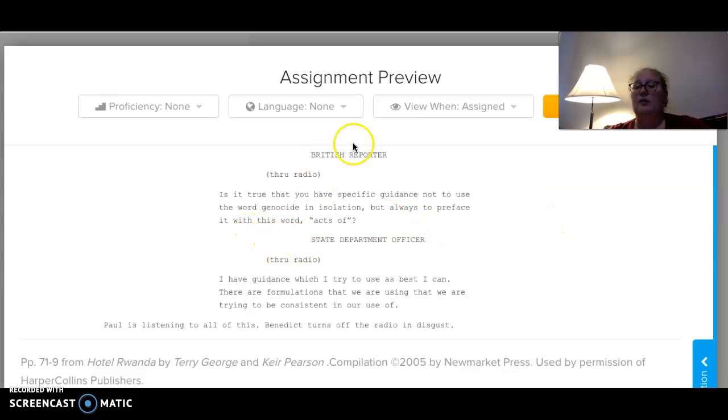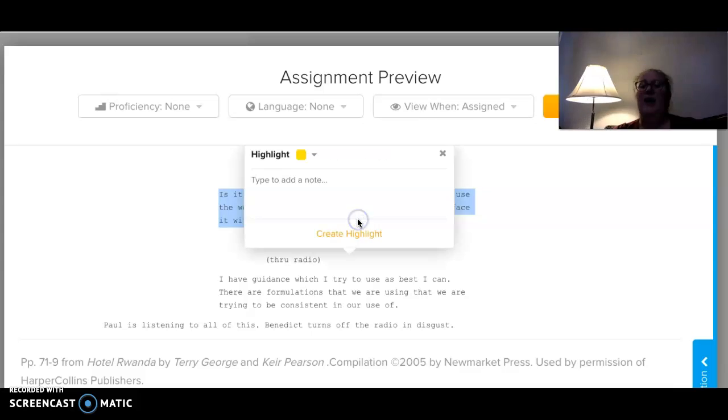In fact, they're arguing about this wording and the semantics and what to call this act. Instead of brainstorming ideas, they're talking about how the atrocities shouldn't be happening. Who's going to step up? Who's going to do this? They're talking about the guidelines, specific guidance for which words to use in their national broadcast. So they're arguing over wording instead of offering help.